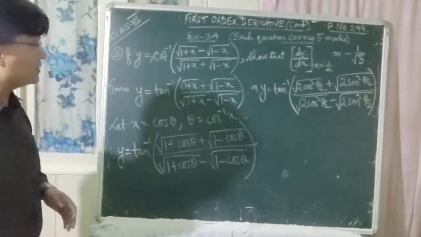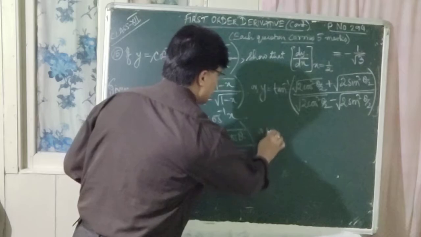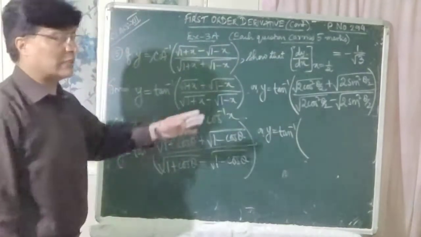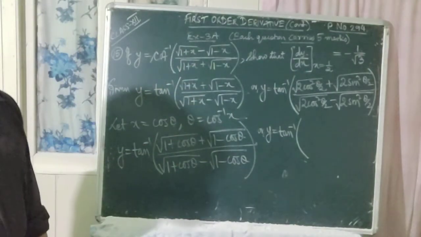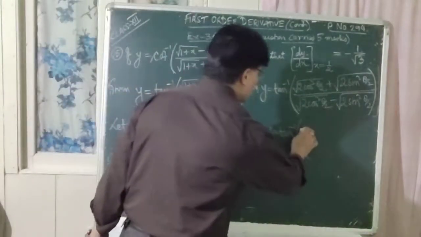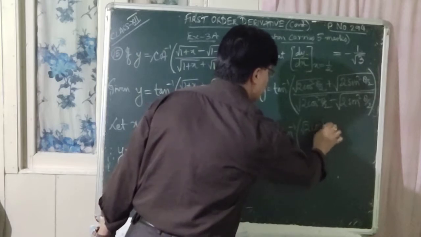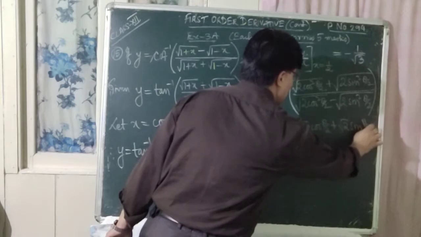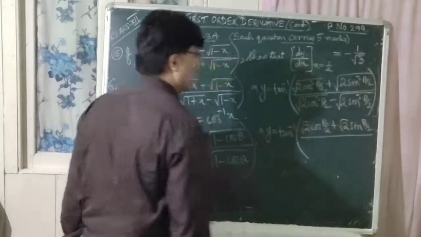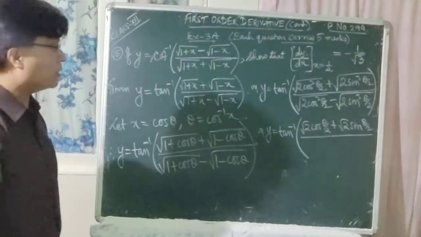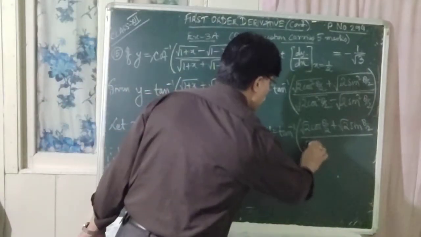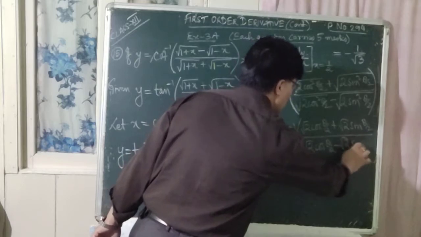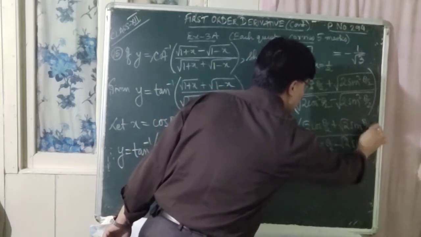Now you can simplify it. Y is equal to tan inverse within bracket. Now get the square root of 2 cos square theta by 2. It is root 2 cos theta by 2 plus root 2 sin theta by 2, divided by, the square root of 2 cos square theta by 2, which is root 2 cos theta by 2 minus root 2 sin theta by 2.